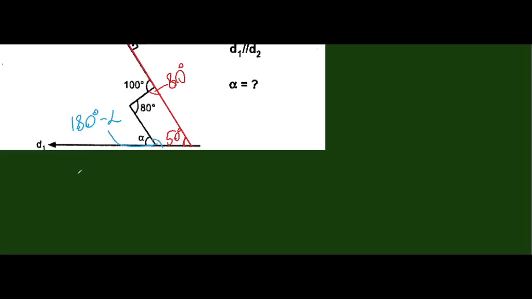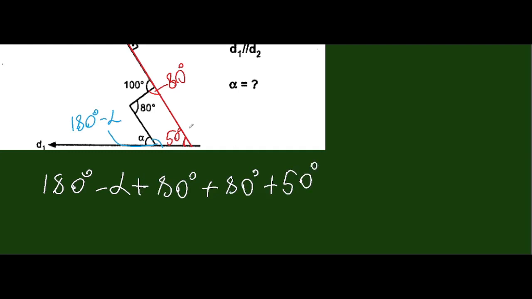And from here we know that 180 minus alpha plus 80 degrees plus 80 degrees again plus 50 degrees, the sum of interior angles of quadrangle will be equal to 360. Do not mess up.